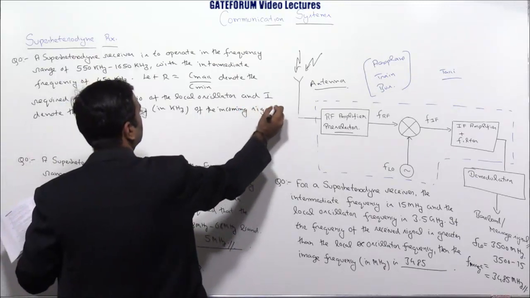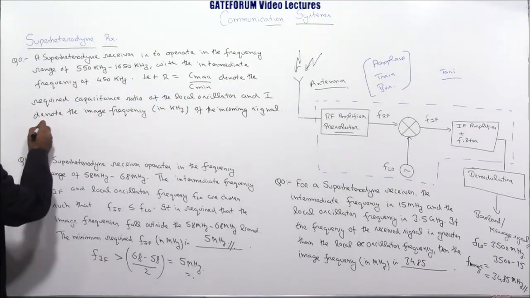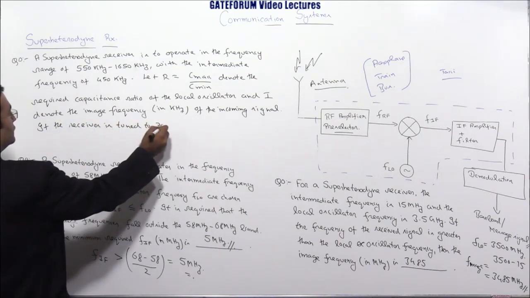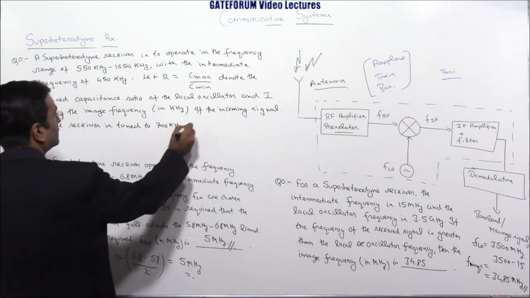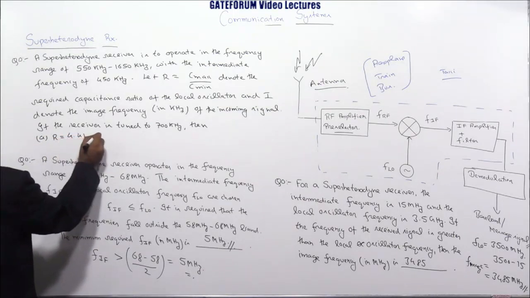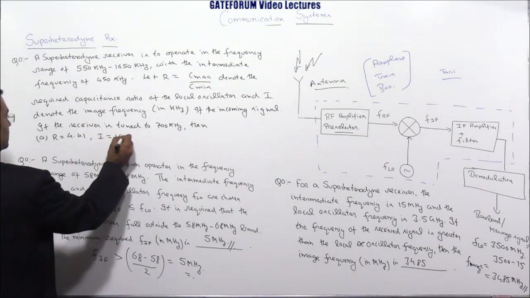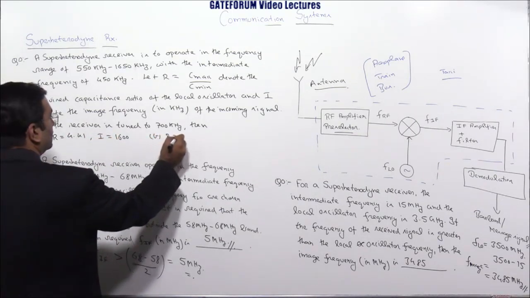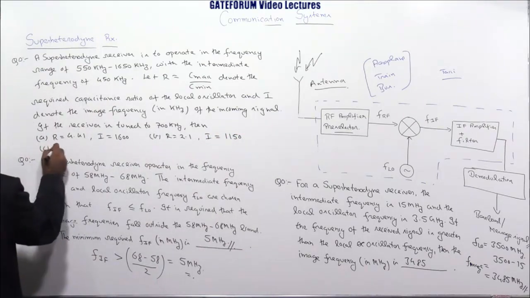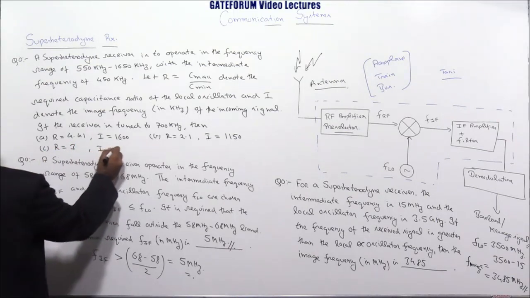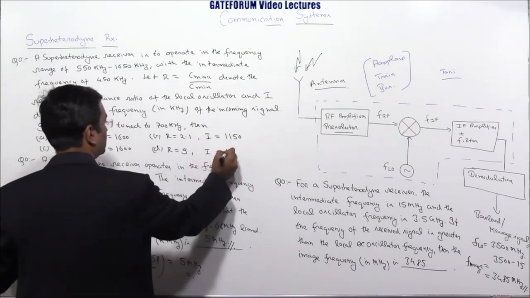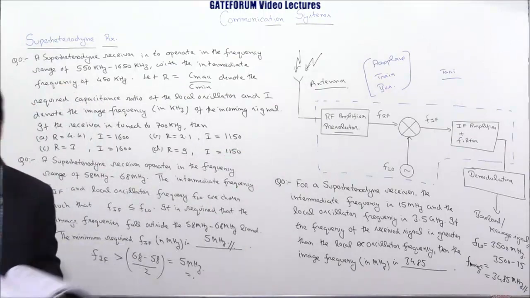If the receiver is tuned to 700 kilohertz, then (A) R is 4.41, I is 1600; (B) R is 2.1, I is 1150; (C) R is 3, I is 600. Let us solve this.